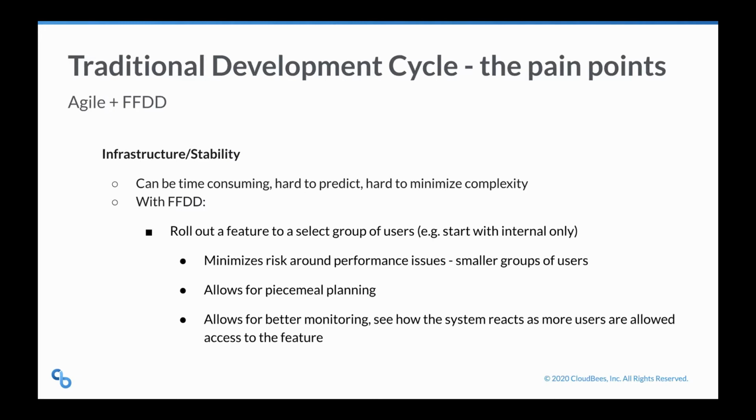You can start with 100 users, increase that to 500, see how your CPU, how your memory is doing, how the read-write latency is doing, and then you can make a decision. Okay, I'm going to increase the targeted group to 1,000 users and see how the database is doing with that. And if it's not doing well, you can reduce that group of users back to what it was.